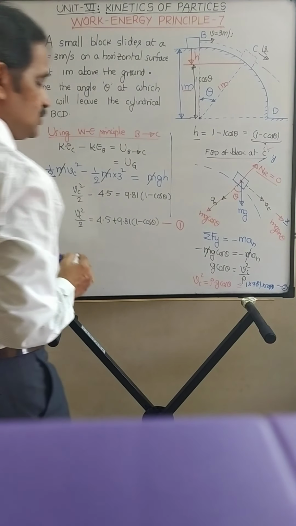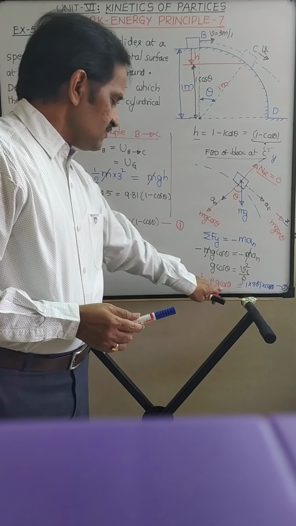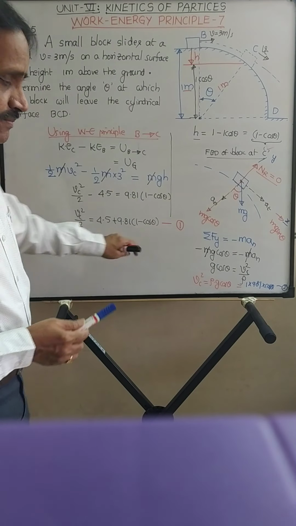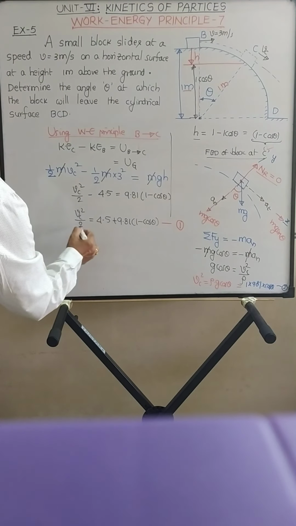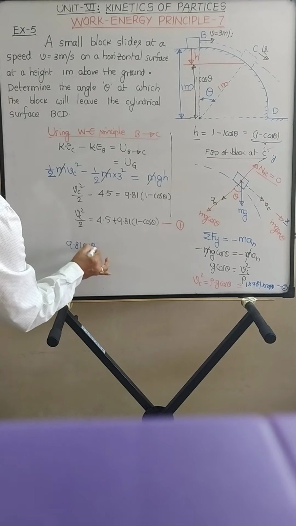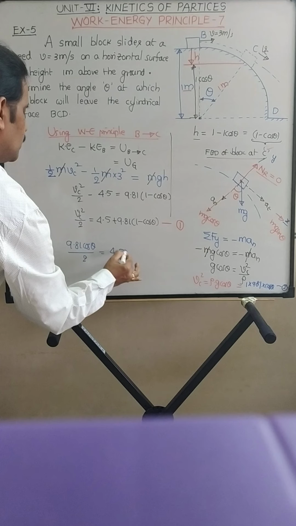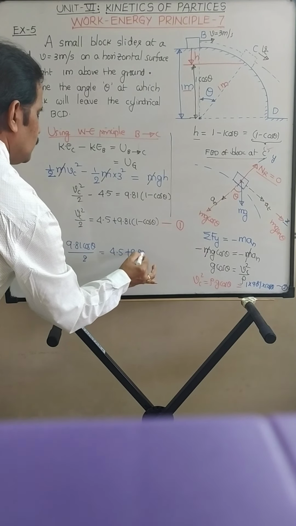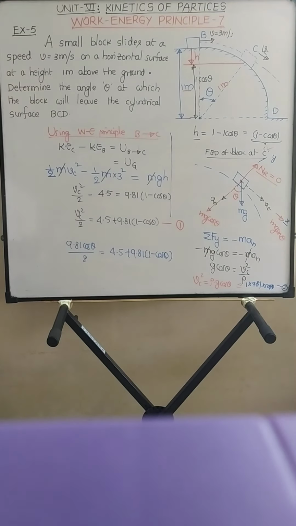Say equation 2. Now using these two equations, I am putting Vc square in equation 1. What is Vc square? 9.81 cos theta. So it is 9.81 cos theta divided by 2 is equal to 4.5 plus 9.81 into 1 minus cos theta.